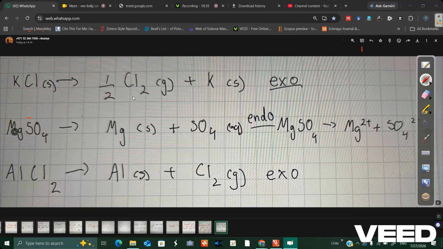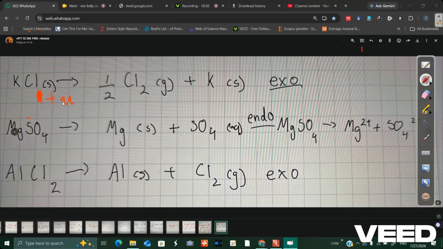So okay, KCl solid. When you dissolve it in aqueous medium, what do you get? You are adding water. Water means aqueous. You should show it in the equation.